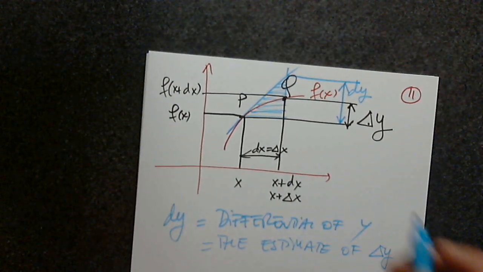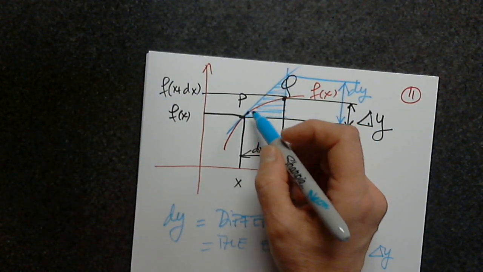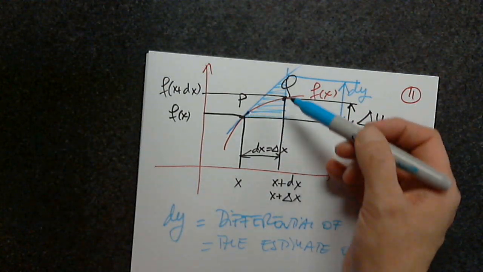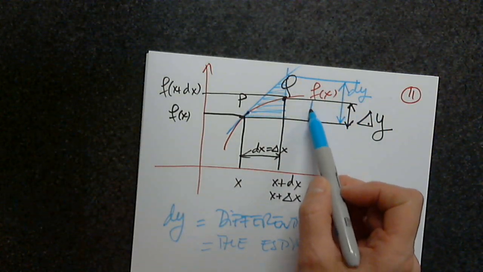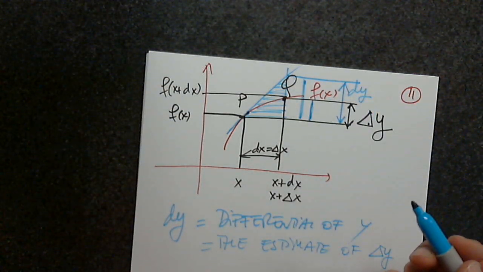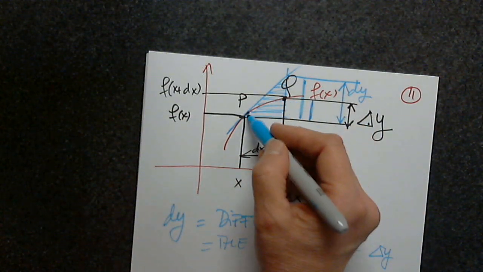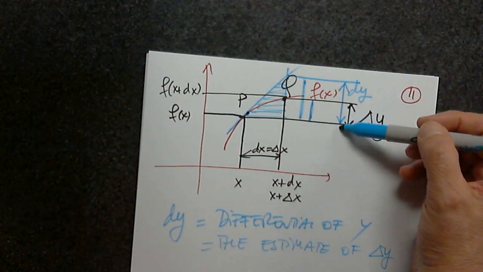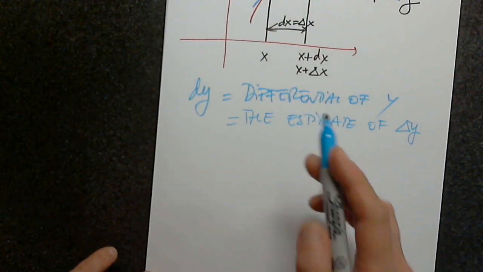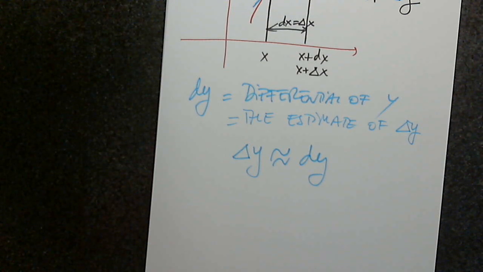But we know that q and p are very close. So the difference between delta y and dy, which in my drawing looks huge, almost double, will be very small, because q is very close to p. That's why dy is a good estimate of the exact change.